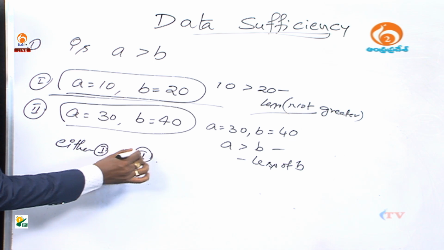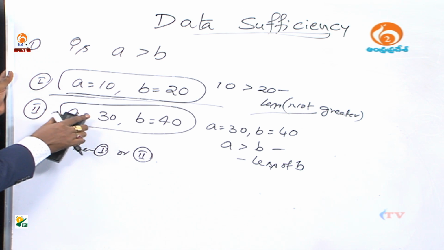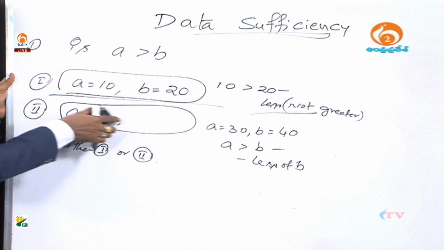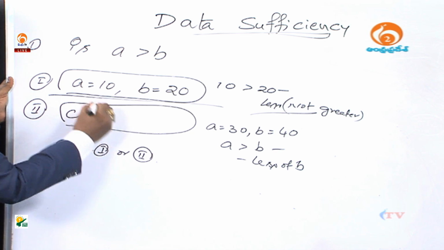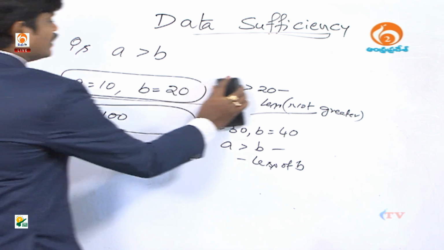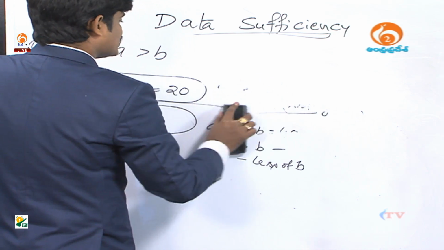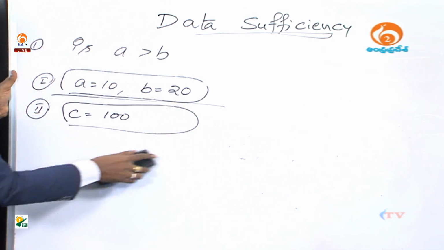Next, we already saw one such question. For the same question, suppose they again give: is A greater than B, but with different types of conclusions.